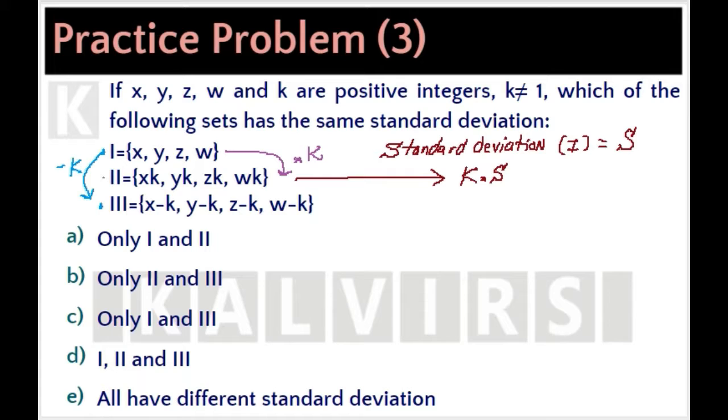Yes, according to the standard deviation properties, if you add the same number to each of the members of the set, the standard deviation always stays the same. Therefore, choice C is correct.